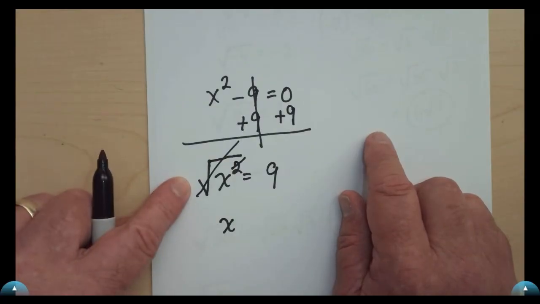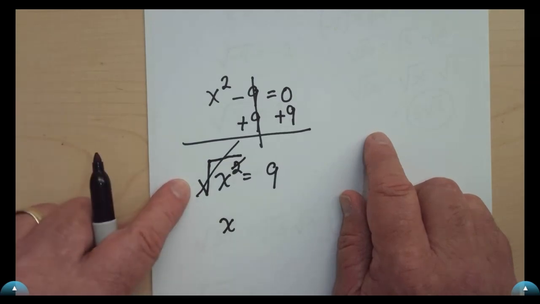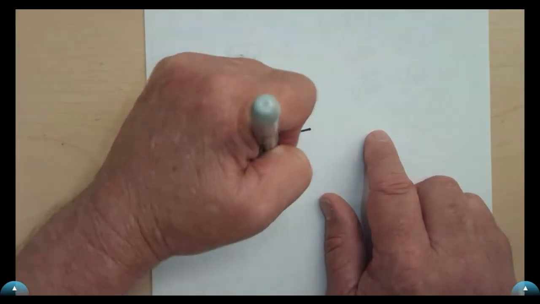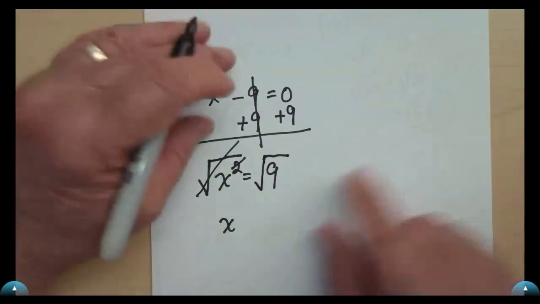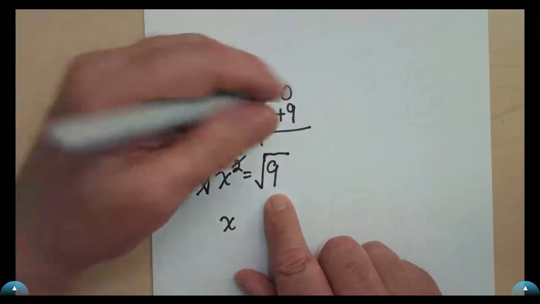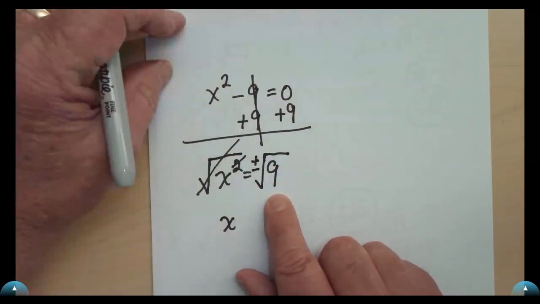But this is that basic rule of equations, the golden rule of equations. If you take the square root of the left side, you have to take the square root of the right side as well. And by the way, we've seen this already. Remember, 9 has two different square roots, a positive square root and also a negative square root.